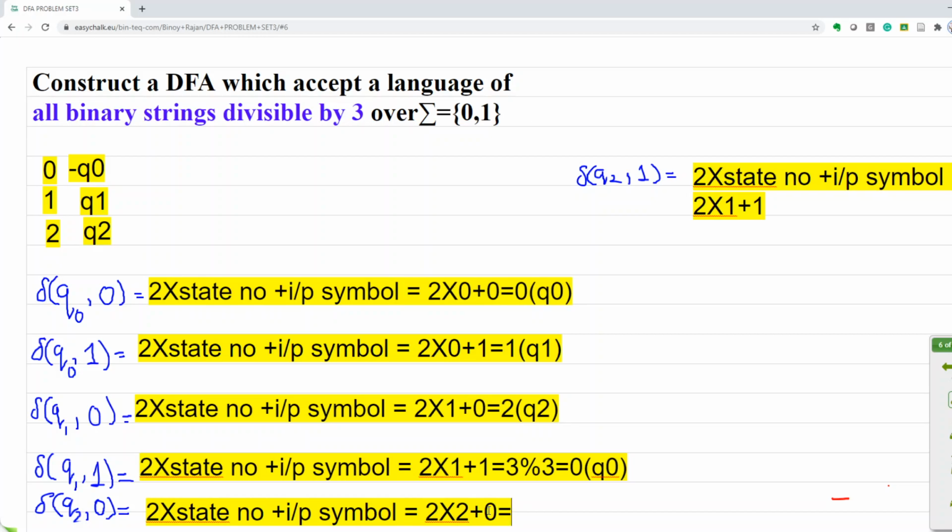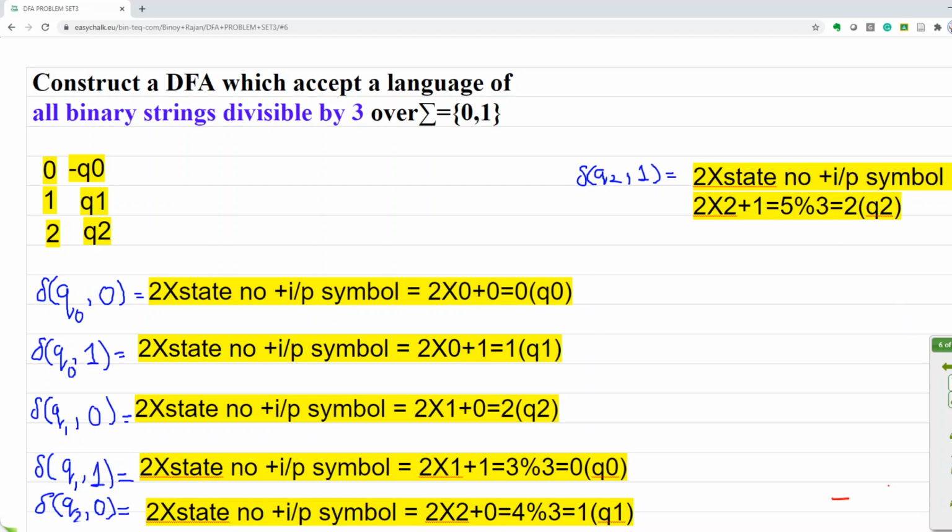So 2 into 2 plus 0 is equal to 4. So 4 mod 3 is equal to 1. So I am in state Q1. Okay, and over here it is state number 2, input 1, so 2 into 2 plus 1 is equal to 5. So 5 mod 3 is equal to 2. So I am in state Q2.